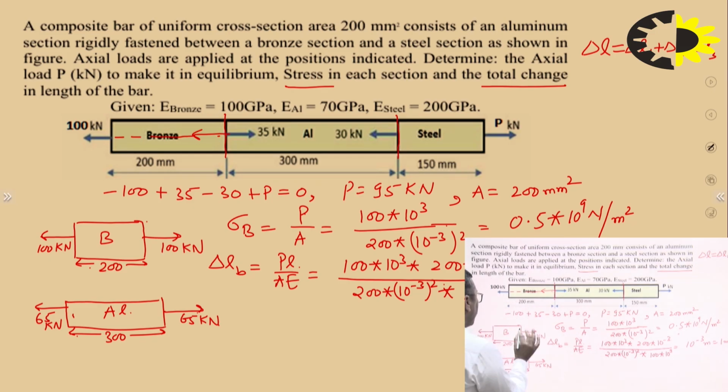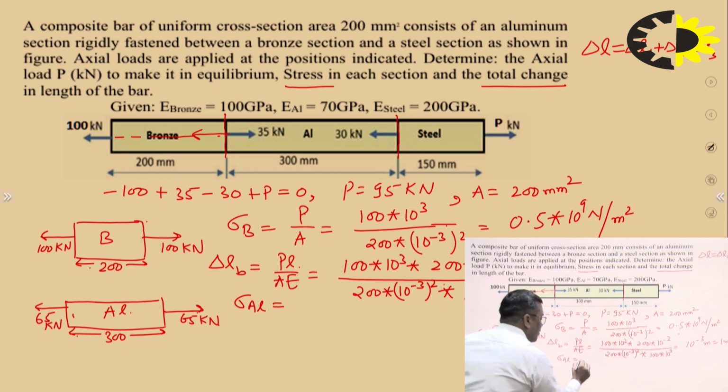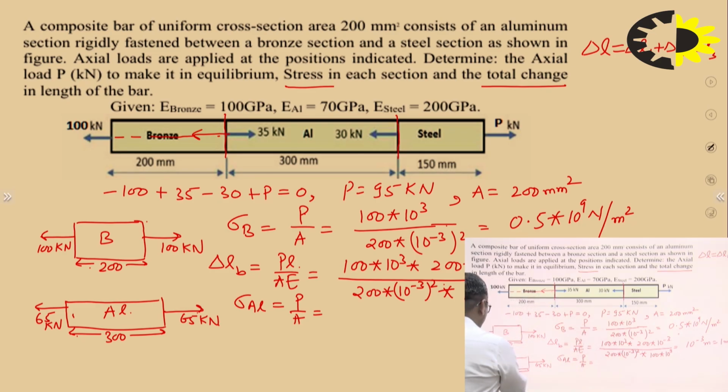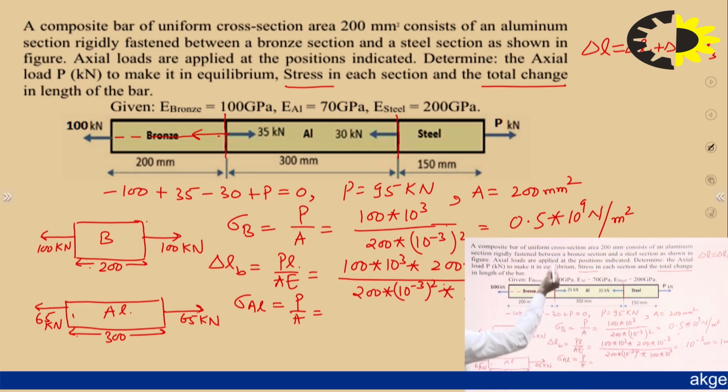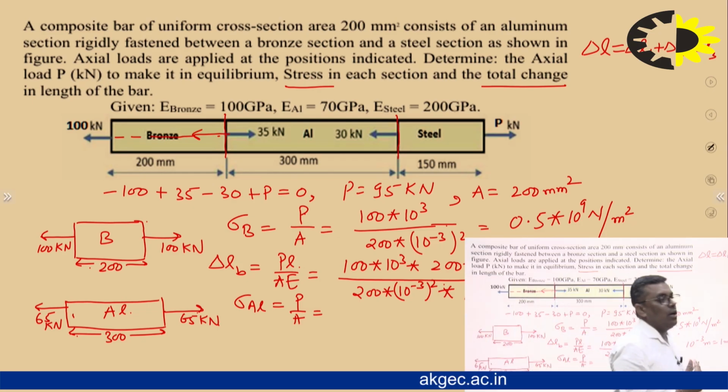If I am clear with this, how this is 65, then again I have to repeat the same thing for finding out stress. Again, P upon A. What is P here? 65 kilonewton. What is A? 200 millimeter square, the same because the cross section is uniform. By putting these values, you will be finding out the answer.